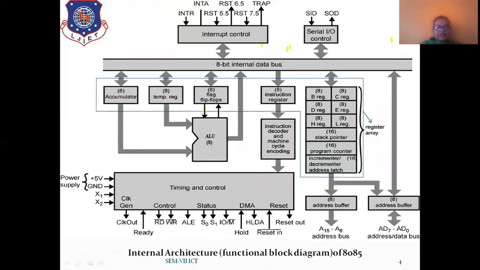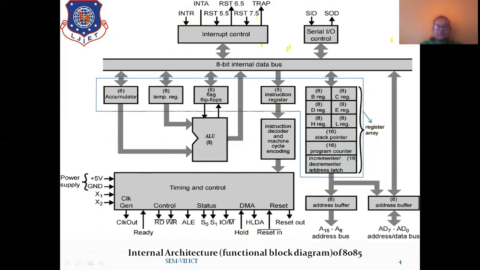In between, there is an ALU section. Right? ALU and logic section. Now, this section, number 8, is called the instruction register section. Clear? Now, this is a register array, right? And here at the bottom, there is a timing and control group, right?